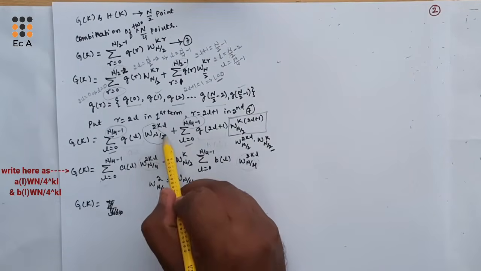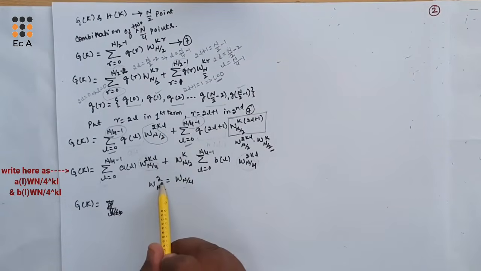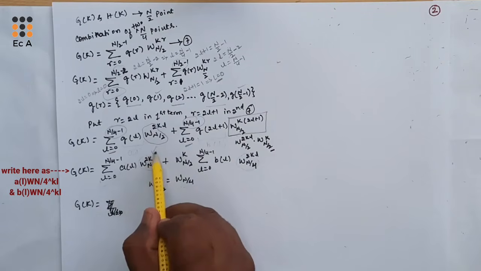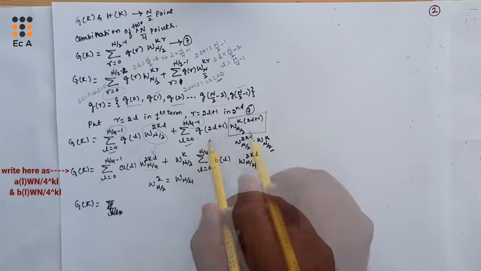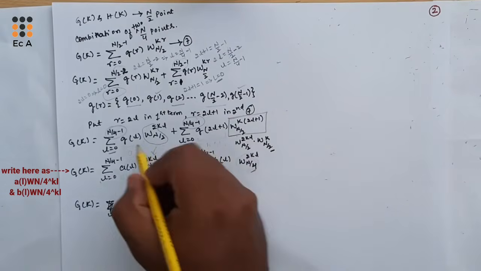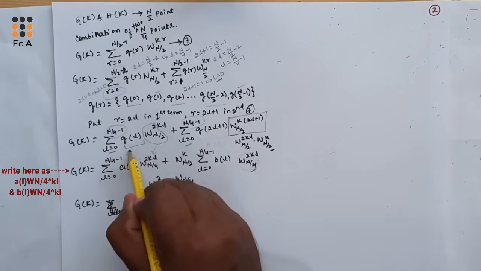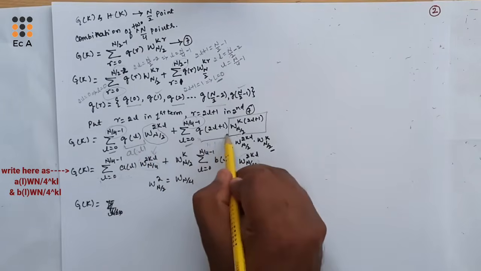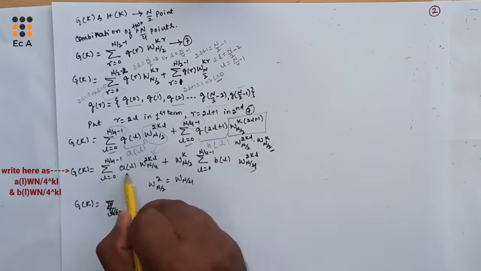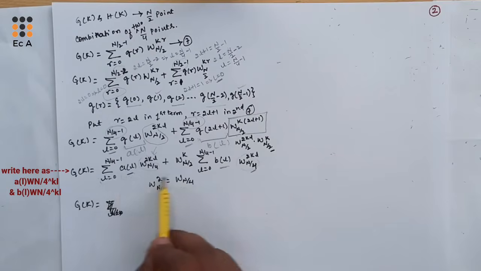This term wn by 2 to the power of 2 can be written as wn by 4. So we have replaced that term here in this equation. We have replaced here, and this term we can write it as a of l, and this term we can write it as b of l. So we have written those two terms here, and we have written this equation.